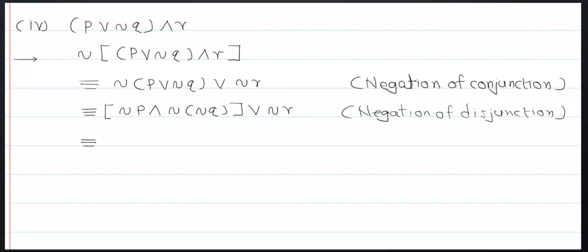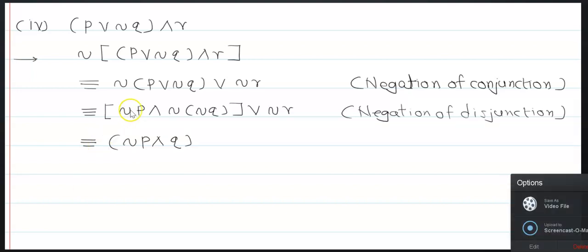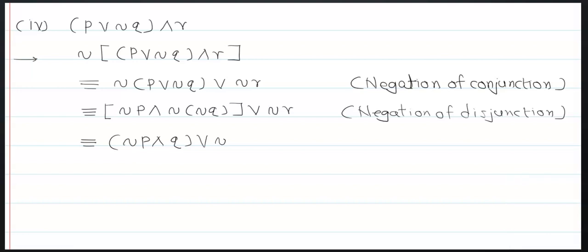Negation of disjunction. Now here, that is the negation of P and negation of negation Q. That is Q, negation of negation Q is Q. Therefore, the next is negation of P and Q, or negation of R. And this we want to prove.